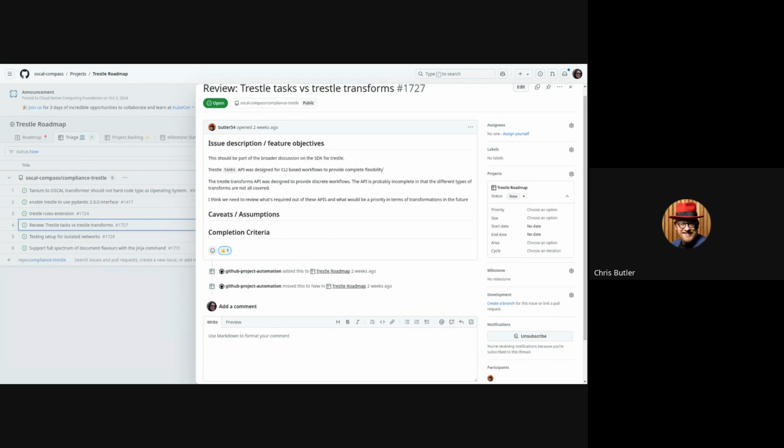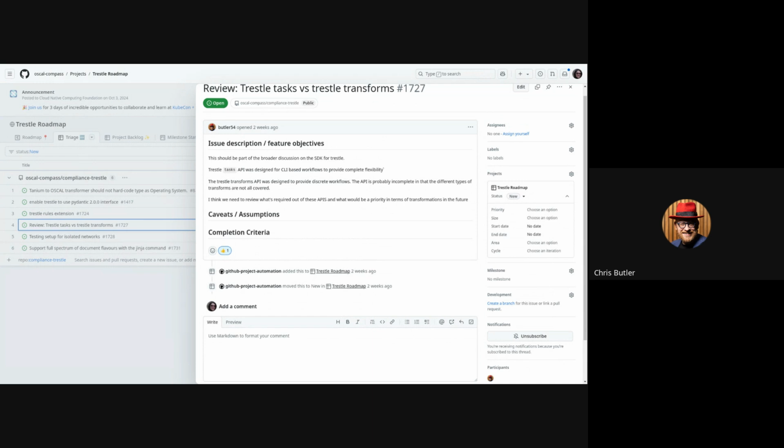The other original idea was these Trestle transforms, and the idea behind transforms was that potentially they could be chainable, but they haven't been built out that well. So I was thinking we should put in the back of our mind, do we all want to have a look at this code and understand what we're doing?